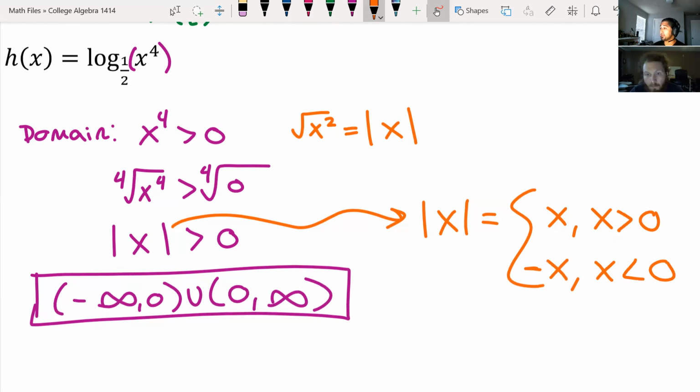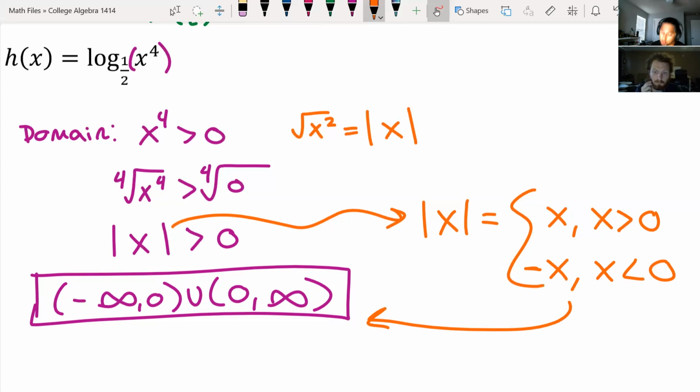So this is telling us how to write this domain. This says we can use anything below 0 and we can use anything above 0, which is represented by our interval notation here. So it's pretty cool, and it's important to know that the absolute value function is its own piecewise function.